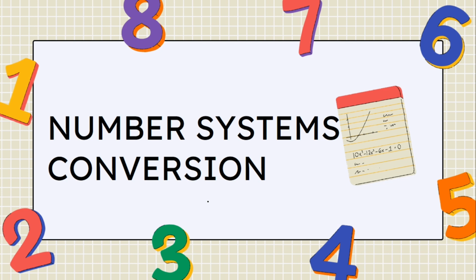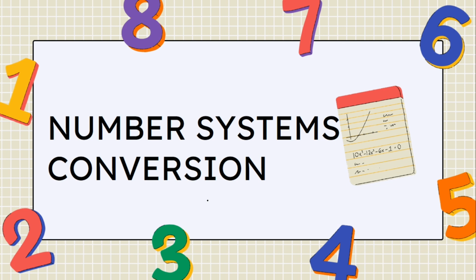And there are two methods for the conversion of the number system. The first one is the successive division.